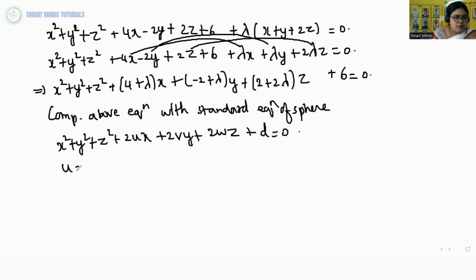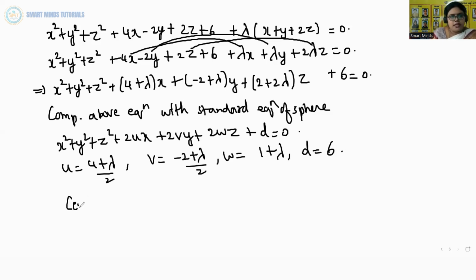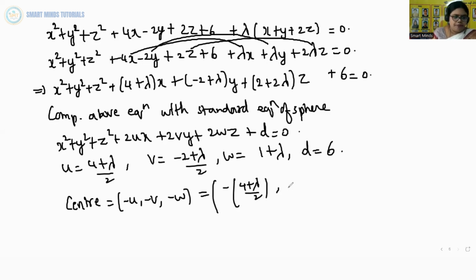So you get u is equal to (4 plus lambda) by 2, v is equal to (minus 2 plus lambda) by 2, w is equal to (1 plus lambda), and d is equal to 6. So we know that center is equal to minus u comma minus v comma minus w, that is minus of (4 plus lambda) by 2 comma minus of (minus 2 plus lambda) by 2 comma minus of (1 plus lambda).